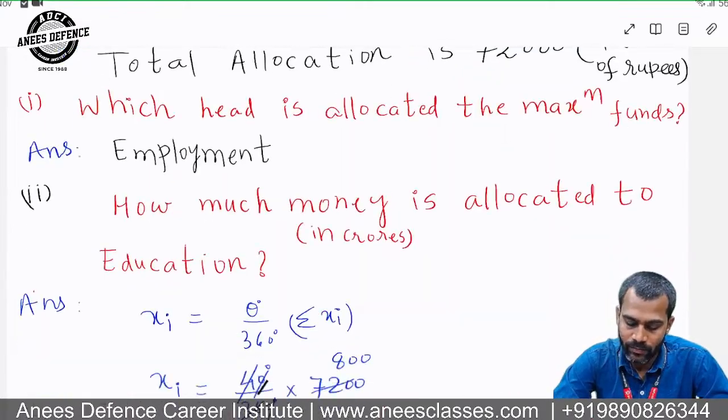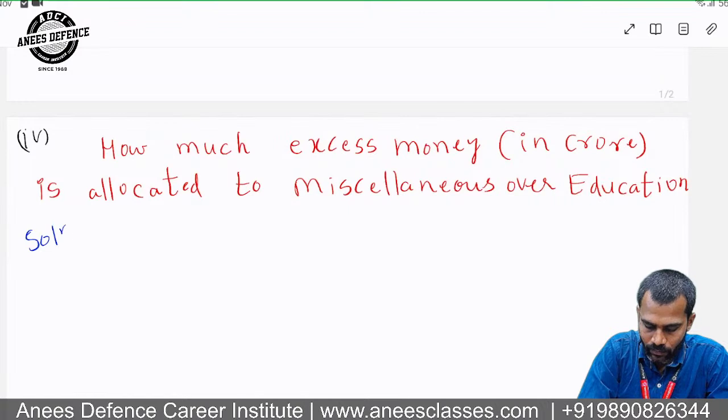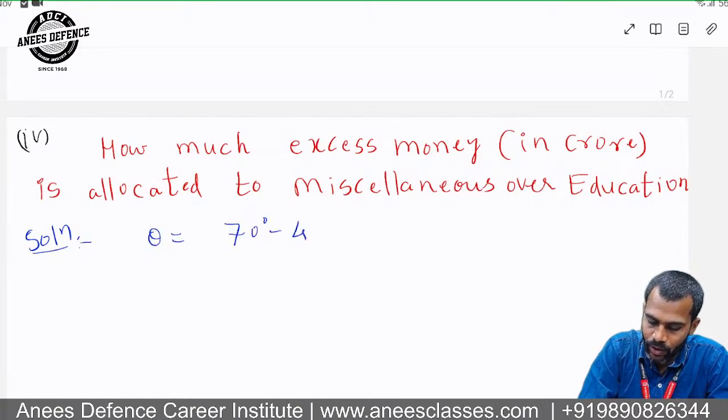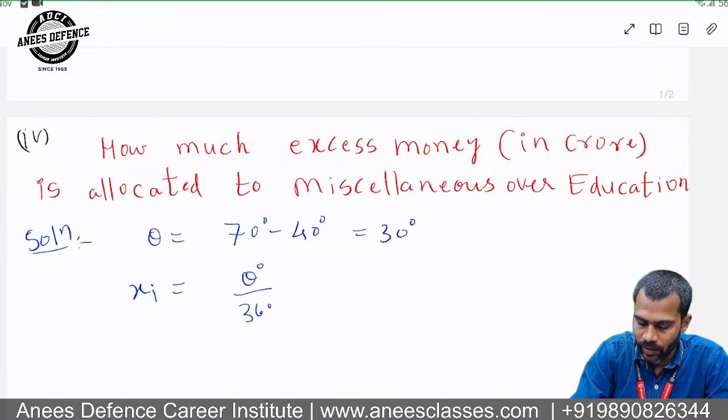So theta would be 70 minus 40, because we need to find the difference, that is equal to 30 degree. And again we have to apply the same formula: xi is equal to theta divided by 360 into summation of xi.